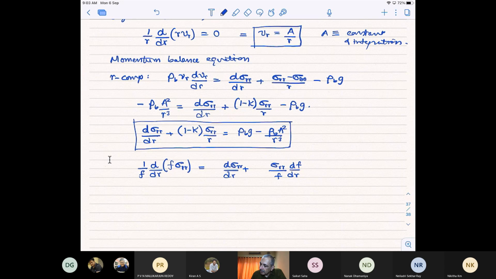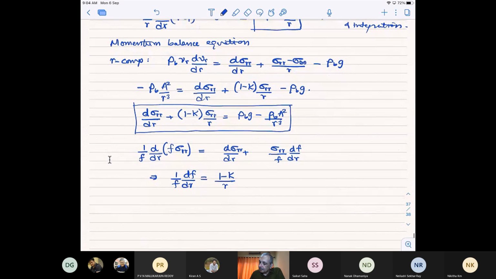So this implies that to get the integrating factor, you must have 1 by f df by dr is just equal to 1 minus k divided by r, which is something that can be easily integrated.